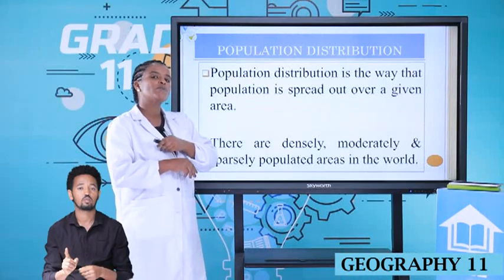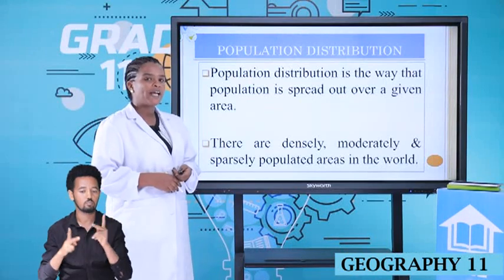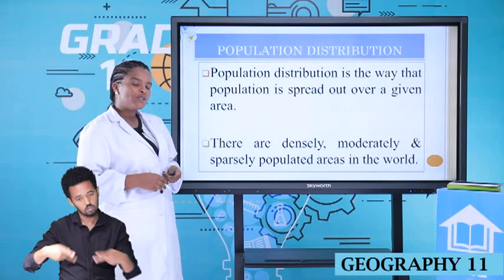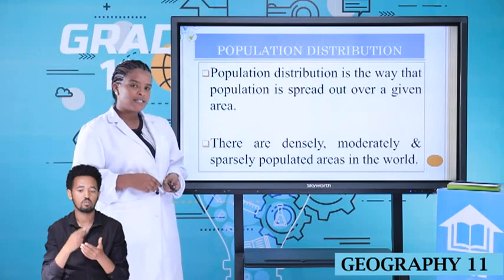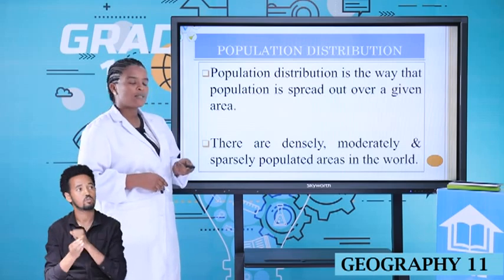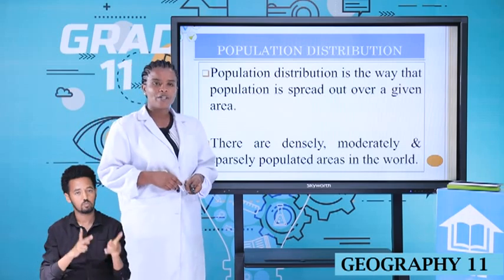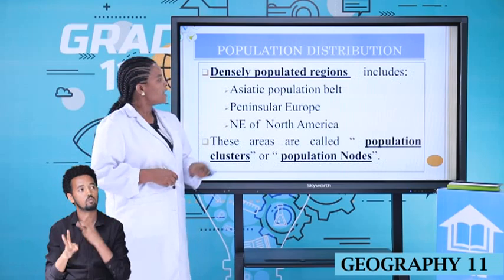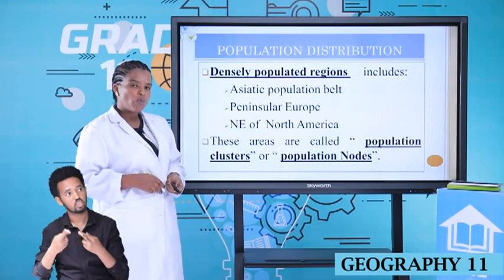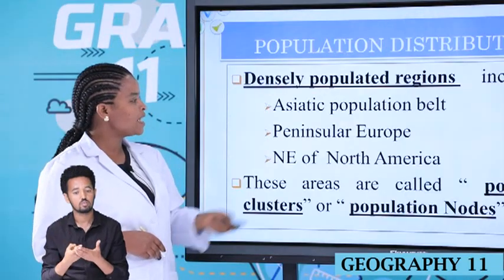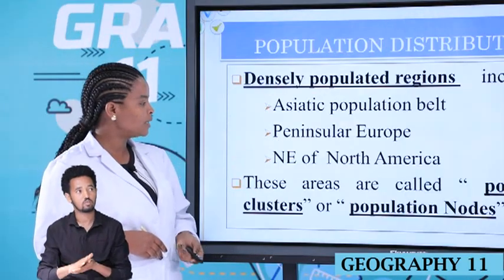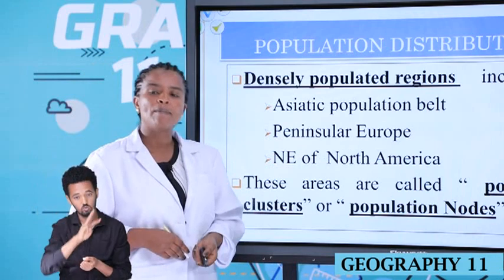Distribution of population is the spread of people over a given area. So population distribution throughout the world is uneven. There are densely, moderately, and sparsely populated areas in the world. Densely populated regions include the Asiatic population belt, peninsular Europe, and the northeast of Northern America.